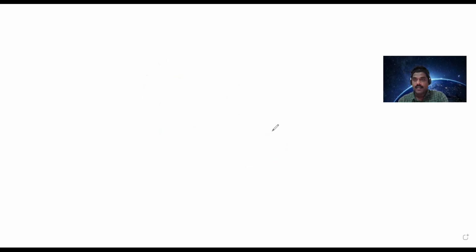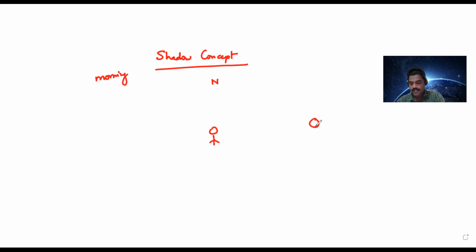Next, the all important one, shadow concept. I have been talking about this particular concept repeatedly. It's a very simple concept. If a person is facing towards north in the morning, the sun rises in the east.